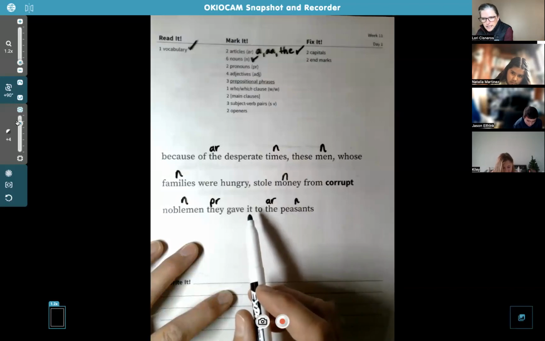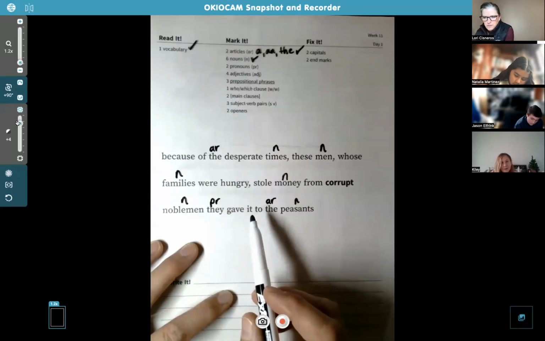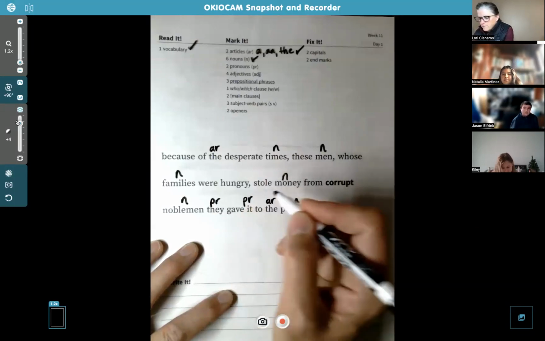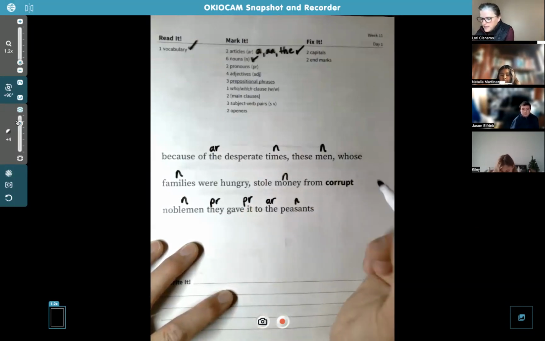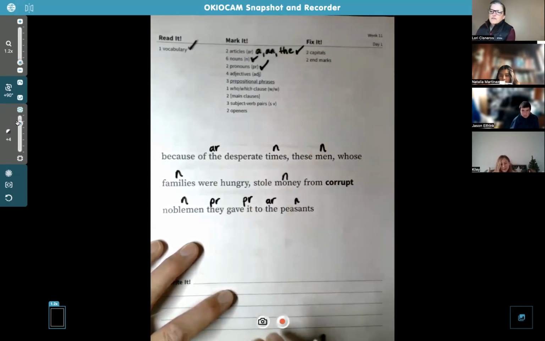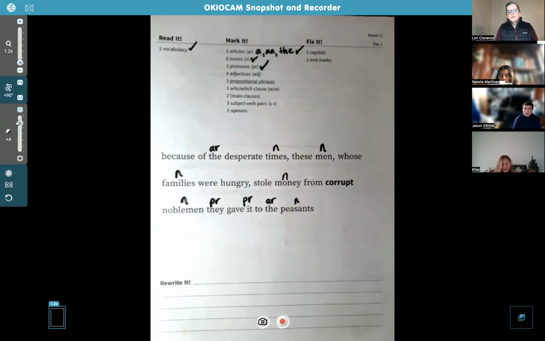It's actually it. Because remember, sometimes pronouns can be in the place of a thing too. It doesn't have to be I, he, or she. So it is a pronoun there. It doesn't happen very often when we use it, but it is there.